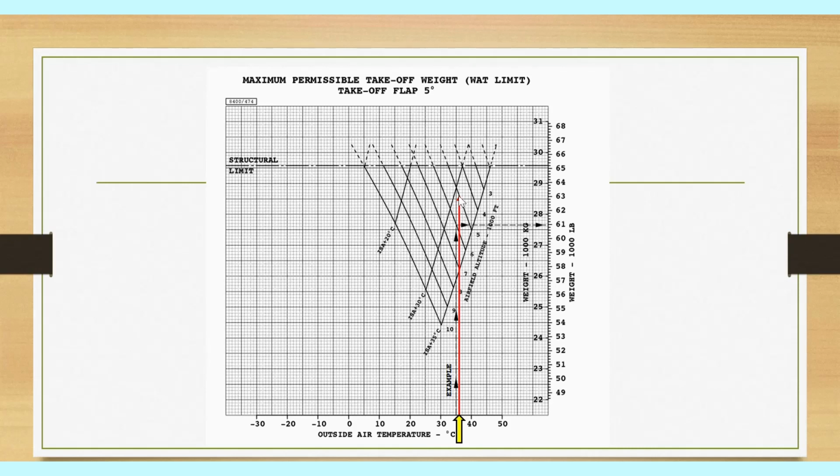We use easy figures to deal with, 5,000. And when we do that, we reach this point here, and from there we draw a straight line horizontally to read out our maximum takeoff weight we can take on this particular day.